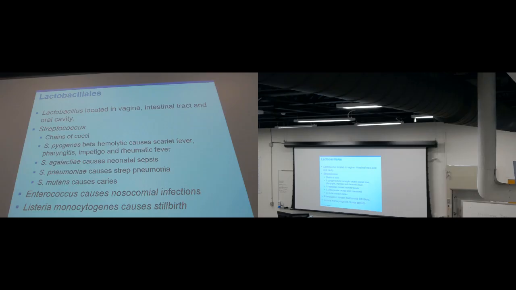This is known as beta. So this is a clear halo, which, I mean, a halo is that, right? It's a clear area, a clear halo around S. pyogenes.